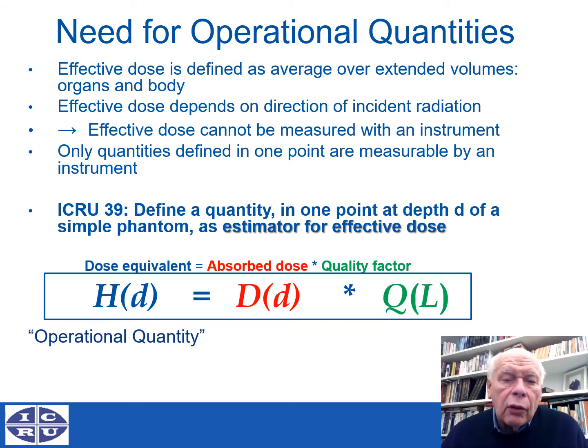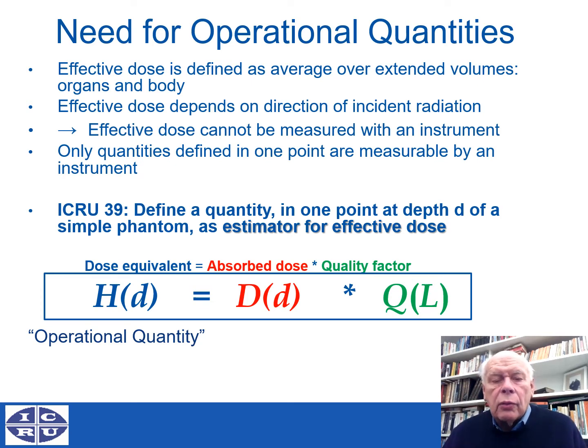Why do we need operational quantities? The effective dose is defined as an average over extended volumes, organs and bodies. It also depends on the direction of the incident radiation. In other words, effective dose cannot be measured with an instrument. From metrology, we know that only quantities defined at one point are measured by an instrument.